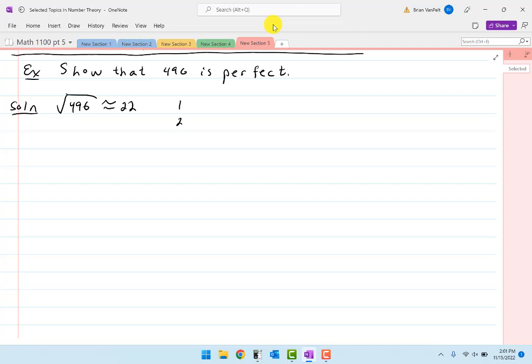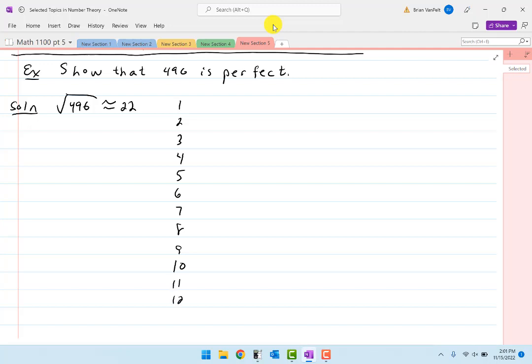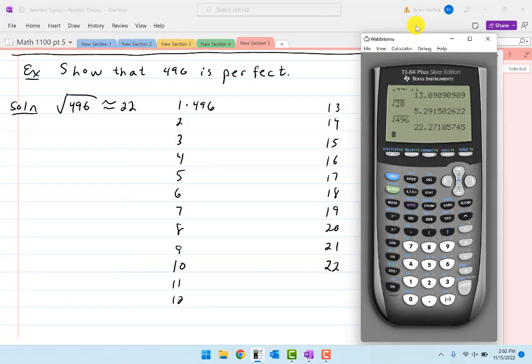That means I need to make up a list of numbers that goes from 1 up to 22. And then I'll go ahead and start doing my multiplications. 1 times 496, that's easy. As I go through here, I'm going to make heavy use of the calculator throughout the whole problem.